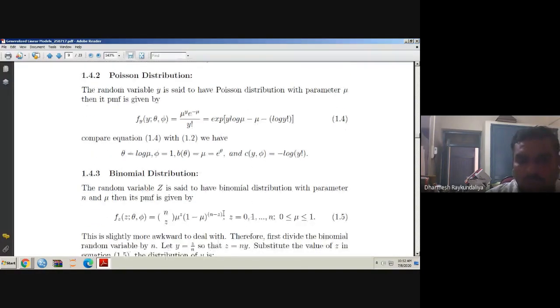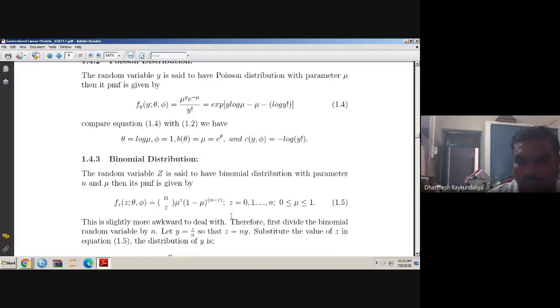In a binomial distribution, the expected response is np. Instead of p, here we consider mu. Mu is nothing but the proportion, or the probability of success, and 1 minus mu is the probability of failure. So we reparameterize.